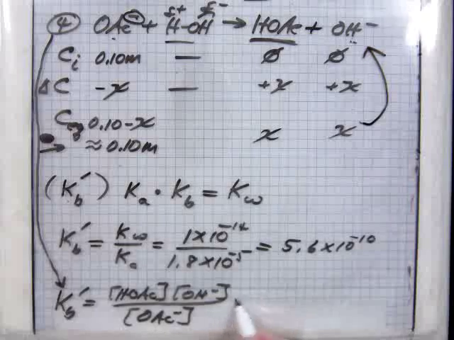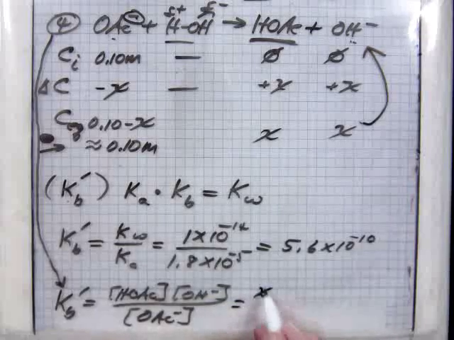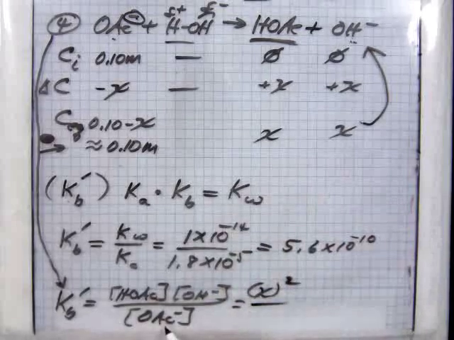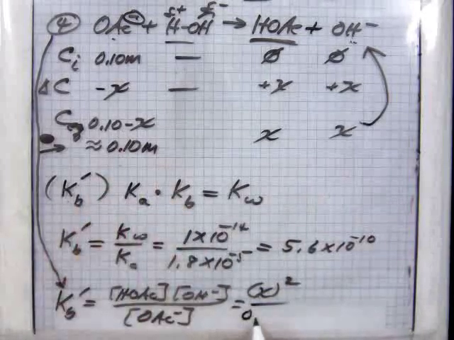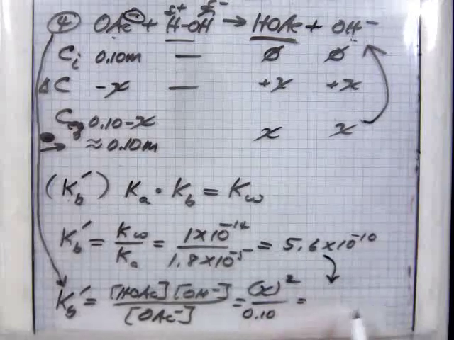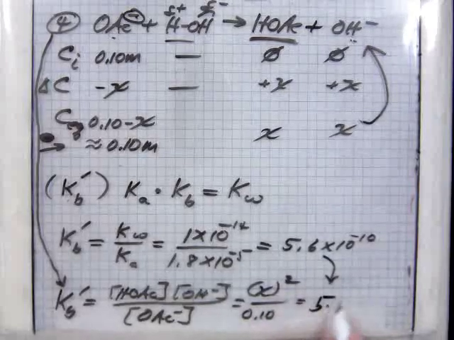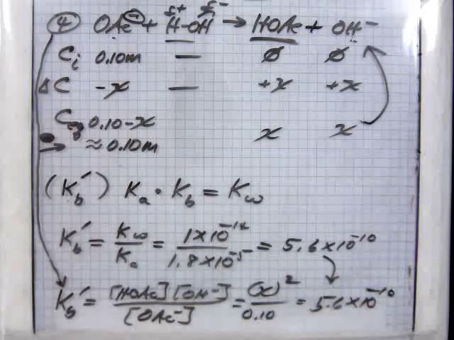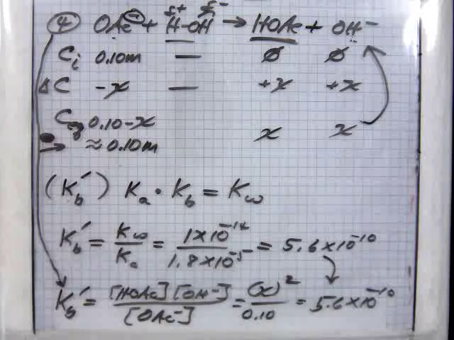And so this would be x squared, x times x, over the salt ion concentration, which is 0.10, and that's equal to the Kb prime, 5.6 times 10 to the minus 10. And so therefore you can solve that and multiply both sides by 0.1, take the square root, and you'll have the hydroxide concentration. Once you get there, you should be able to get the hydrogen and ultimately the pH, right?